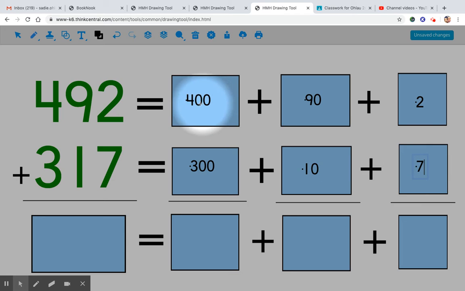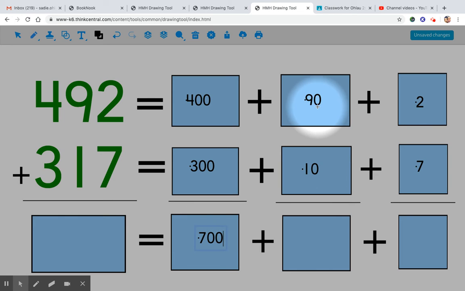Okay, so now I have 400 plus 90 plus 2, and 300 plus 10 plus 7. Let's do this column first. 400 plus 300. If I have 4 hundreds, and I add 3 more hundreds, then really you can just look at 4 plus 3 and add those zeros behind, right? So that would be 700.